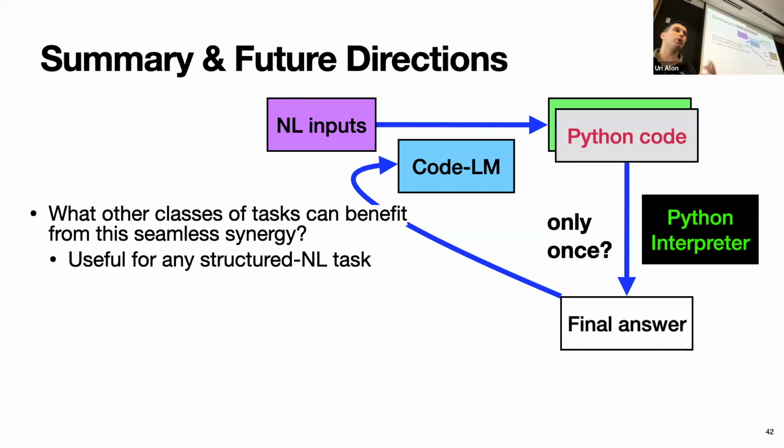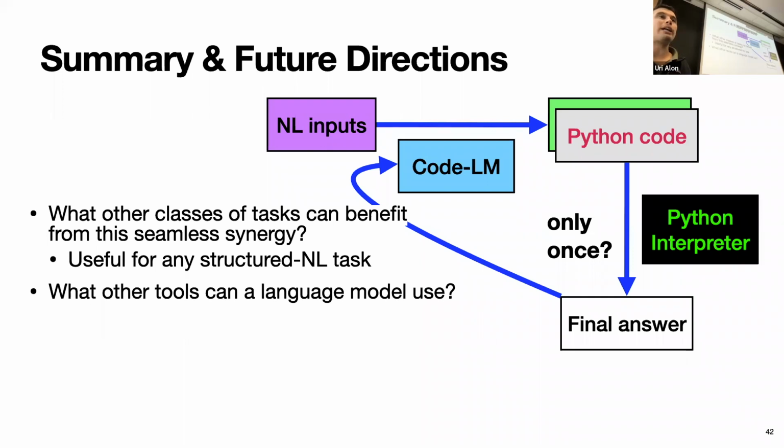I have a feeling, though we didn't test it, that it's useful for any structured natural language task. Every natural language task that involves structure can benefit from converting the inputs or the outputs to Python code. And I know that people have talked to me about using these approaches for converting lab protocols and recipes and many different kinds of natural language texts that have some structure.